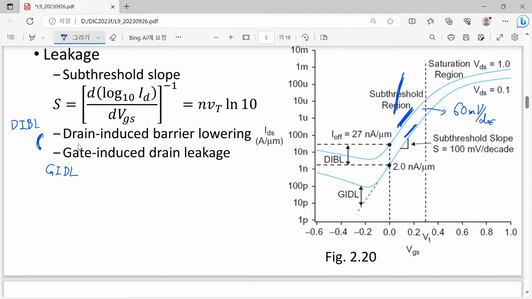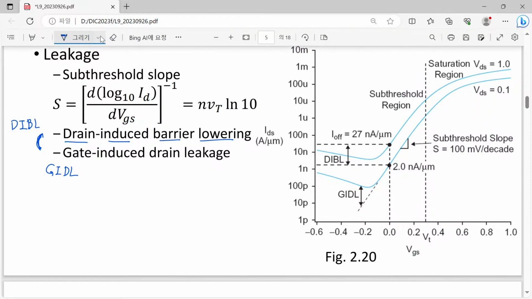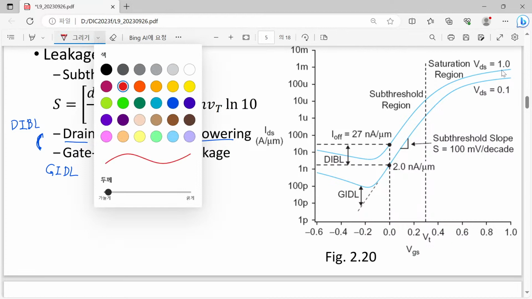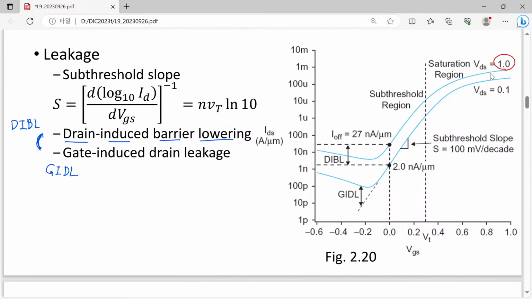So what is DIBL? Here, drain induced barrier lowering. So what is it? Think about this one. Here we have two curves. Usually we consider this curve with output drain voltage biased to 1 or VDD. So here we wanted to have I on current, and here we wanted to have I off current.